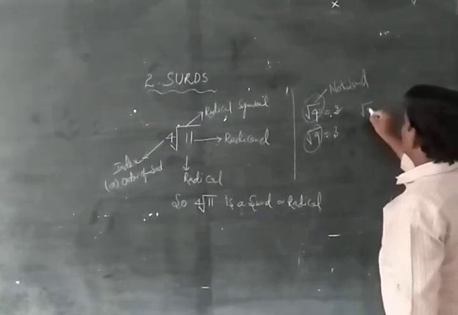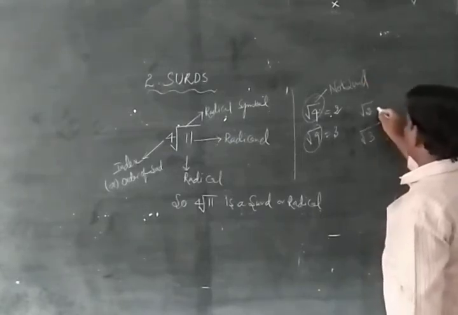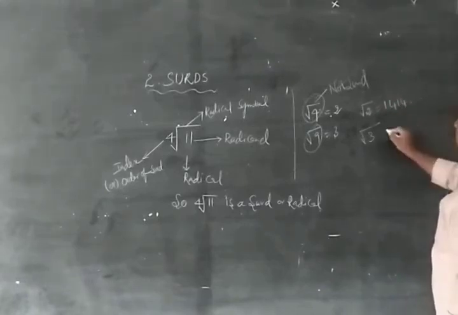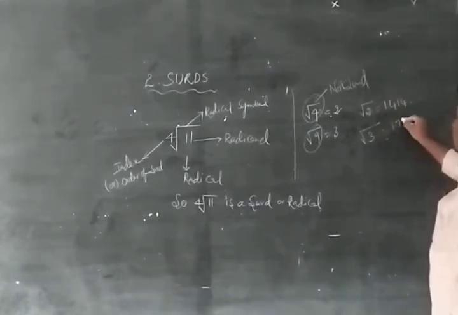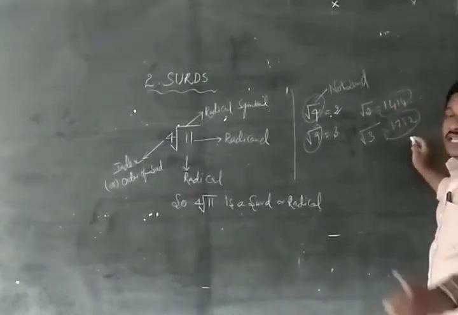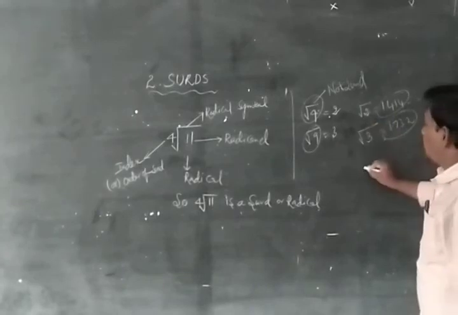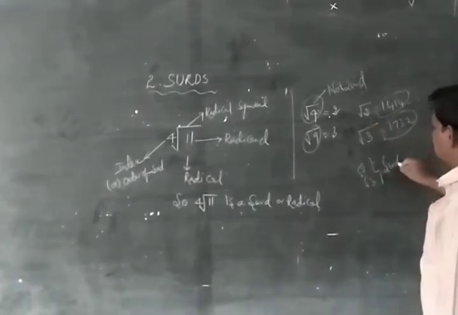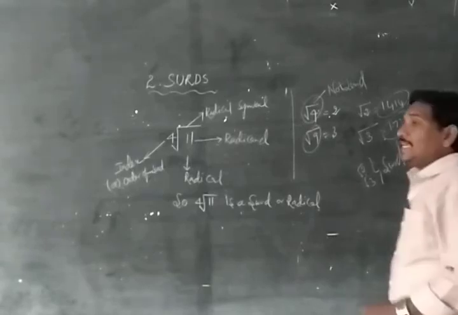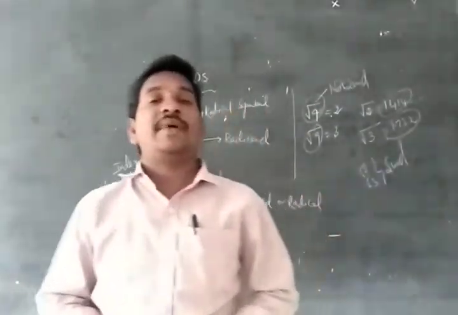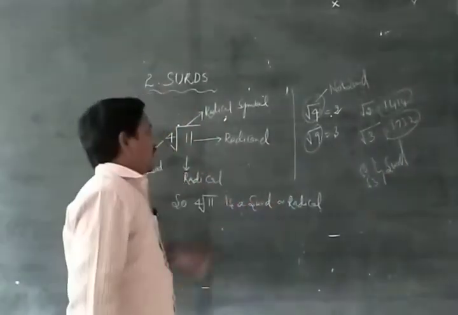And root 2, root 3 have values 1.414, 1.73, and so on. These are not rational numbers, they are irrational numbers. That's why root 2 and root 3 are surds. An irrational root of a rational number is called a surd. Okay.